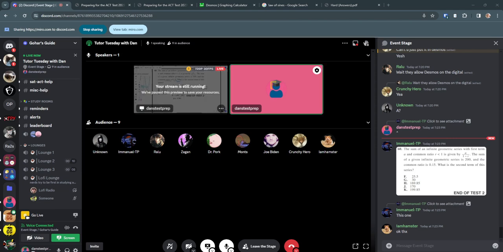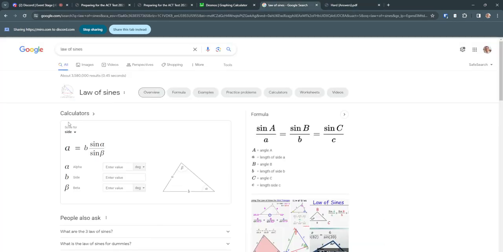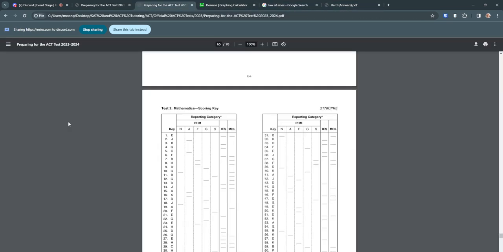So if the first term is 170 and the common ratio is 0.15, meaning when moving from term to term we only retain 15% of the original value, then 170 times 0.15 is going to be 25.5.